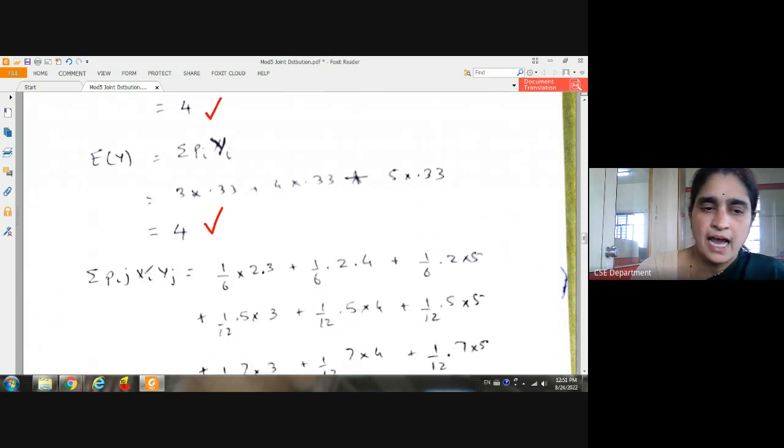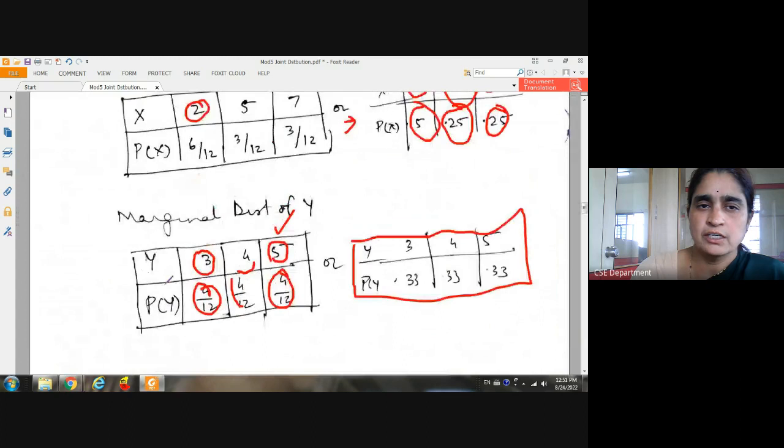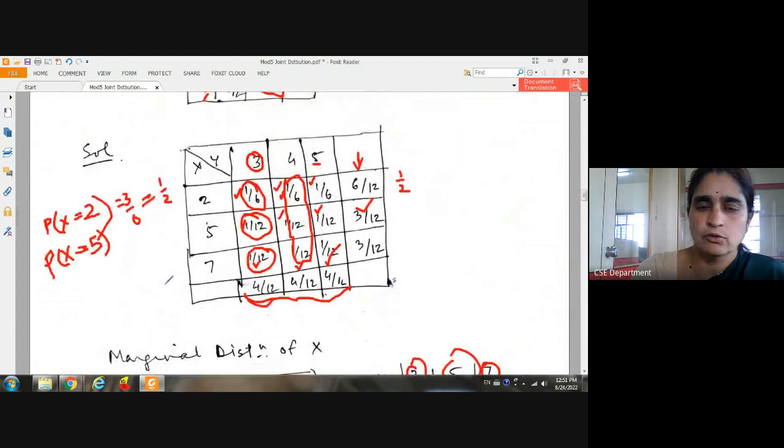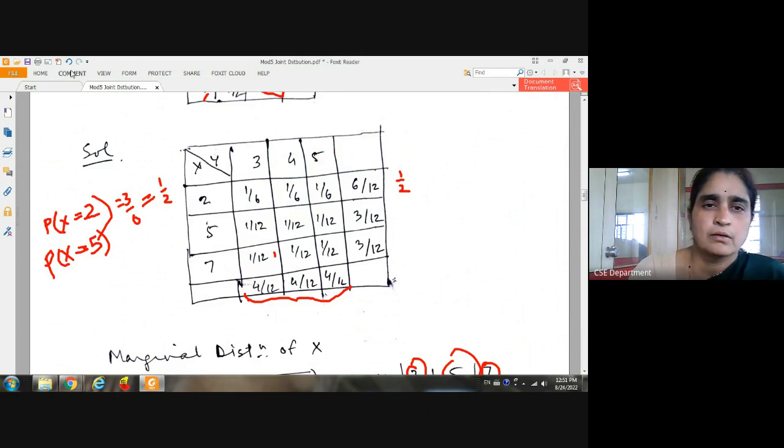Then pij xi yj. How to do that? Go to the original question table. You just erase all these off. Go to the first cell, so 2 into 3 into 1 by 6.